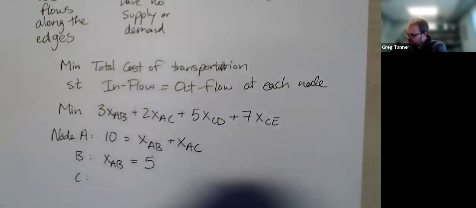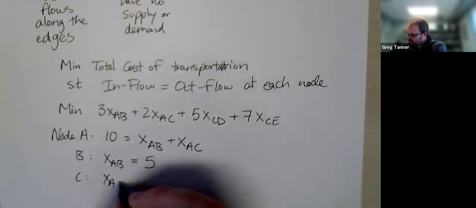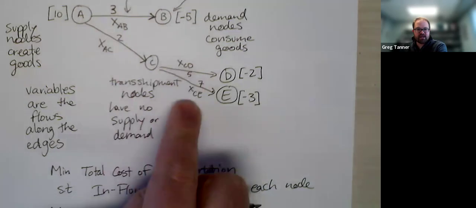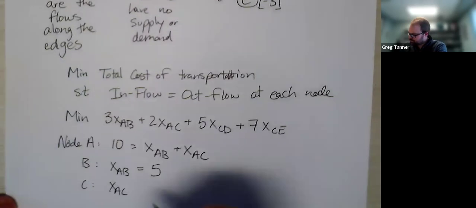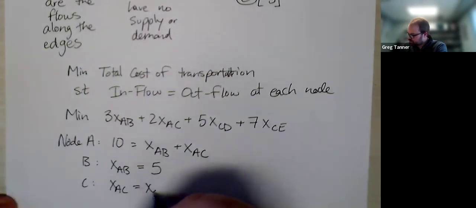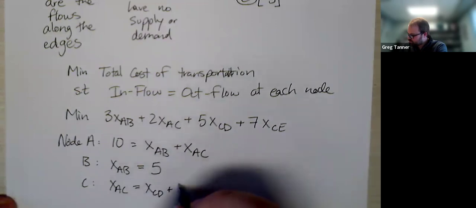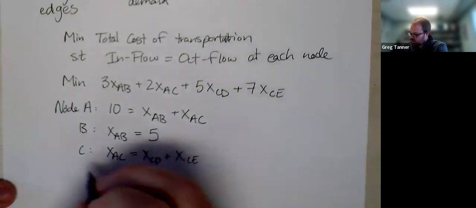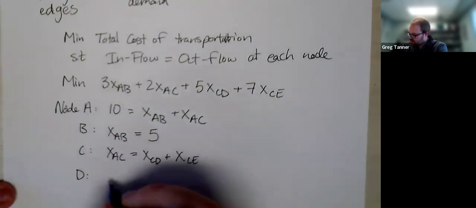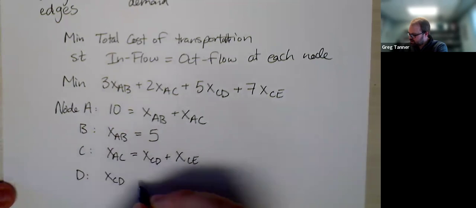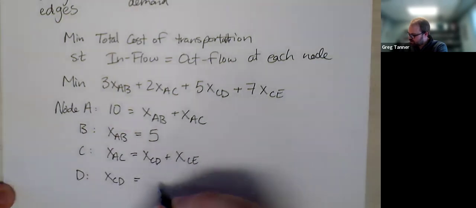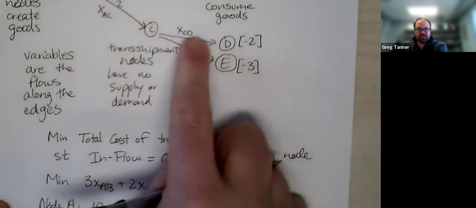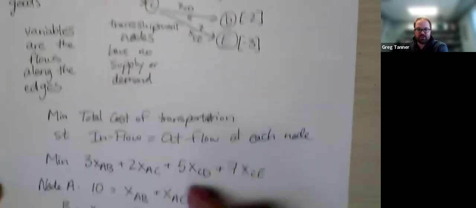At node C, we've got XAC coming into node C, and we've got XCD and XCE coming out. At node D, we've got XCD coming in, and out we've got 2 units of demand. So XCD equals 2.